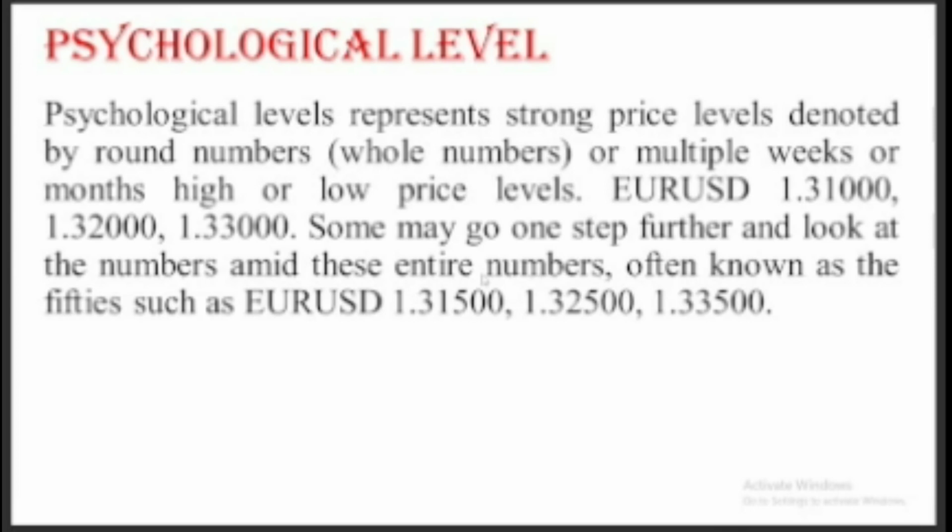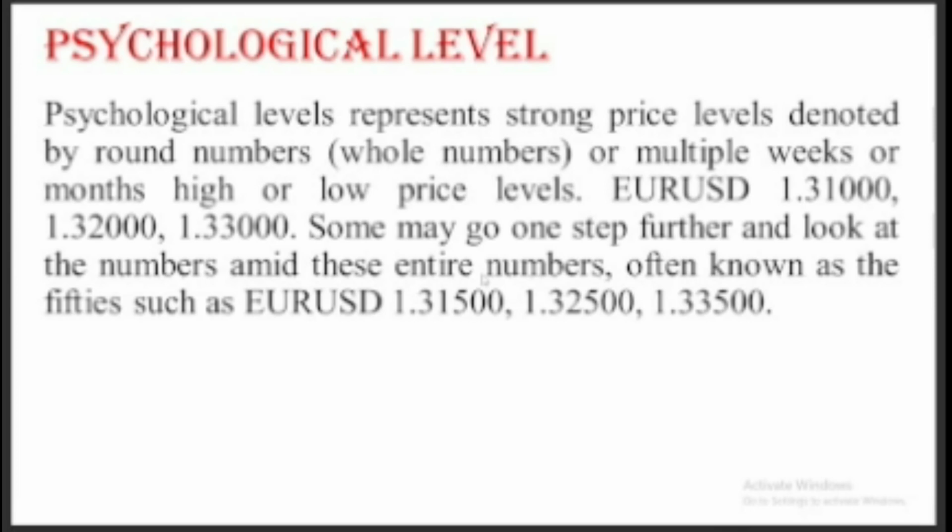I'm just saying this to enlighten you a little more on what the pip difference looks like. So we have 1.3300. These are psychological levels that we believe that when price gets to these levels, there should be some sort of reaction. It's either they serve as support for price or they serve as resistance to price.